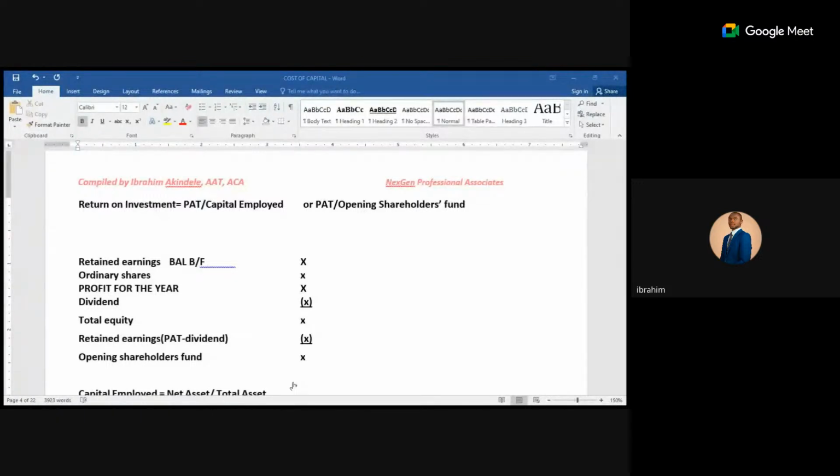Just remove the retained earning for that year, which is the profit after tax of that year minus the dividend paid in that year. That gives you what we call opening shareholders fund. Class, am I communicating, please?